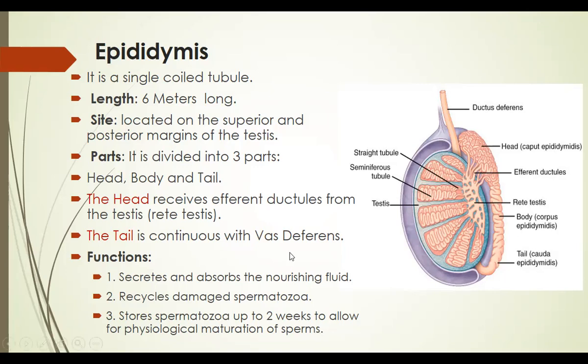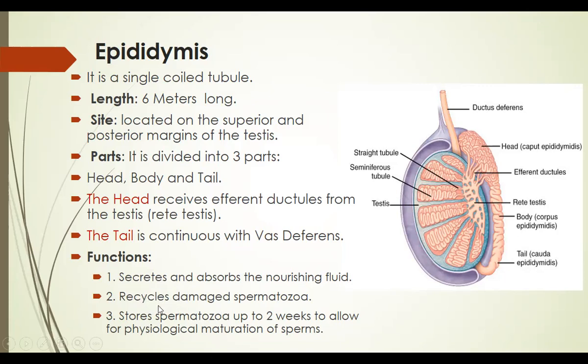So that is secreted by this epididymis. It also absorbs the excessive fluid which is produced here. Then it also recycles the damaged spermatozoa. Any damaged or unfit spermatozoa are all recycled or phagocytosed here, okay, or removed here.